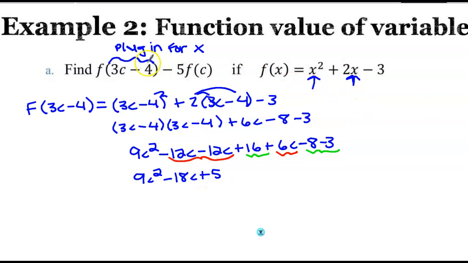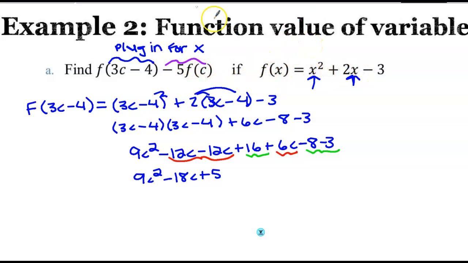All right, so what we've figured out so far is this f of 3c minus 4. We need to now figure out negative 5 times f of c. So notice that negative 5 is on the outside of the f, so that means I'm going to multiply the outside by negative 5, or basically distribute negative 5.